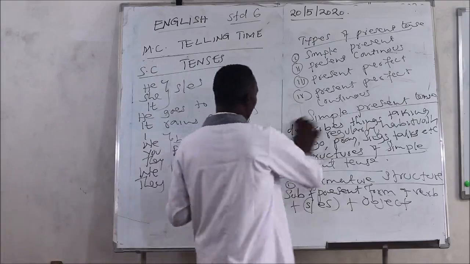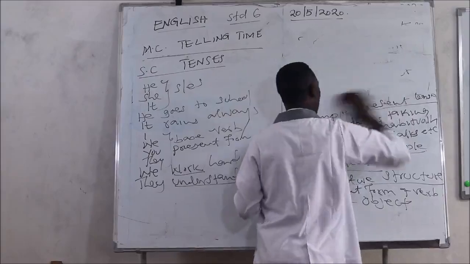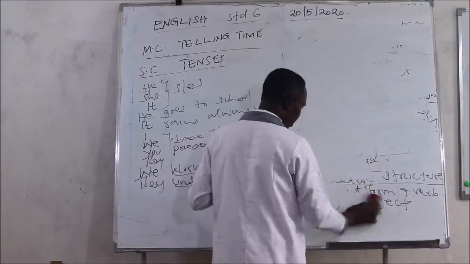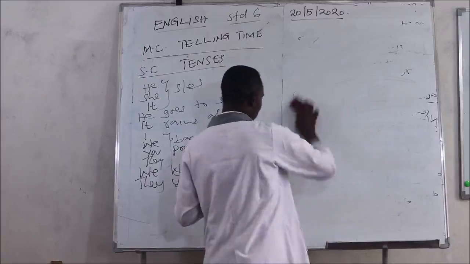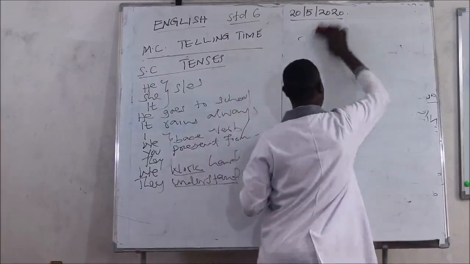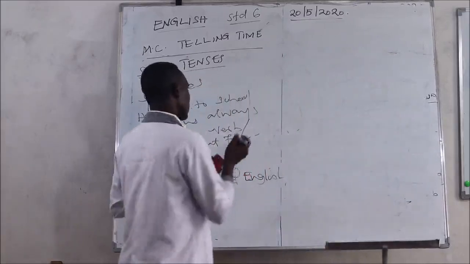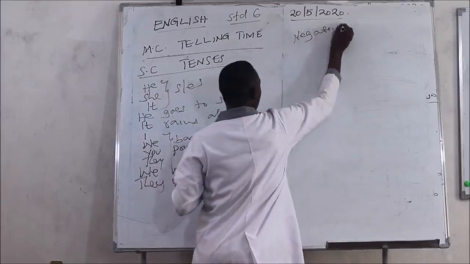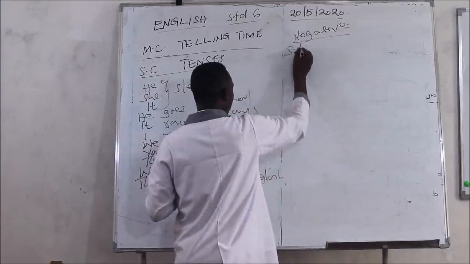Now, let us see how to form a sentence in negative. How are we supposed to form a sentence in negative in present simple tense? Being that we have seen how to construct a sentence in affirmative form, in negative we are using normally a subject.